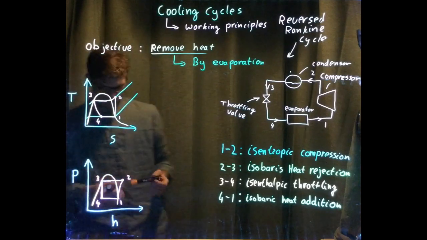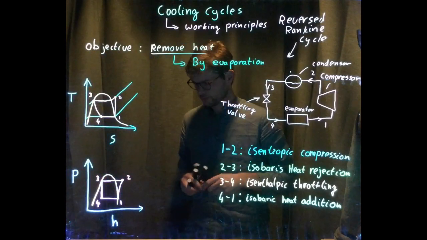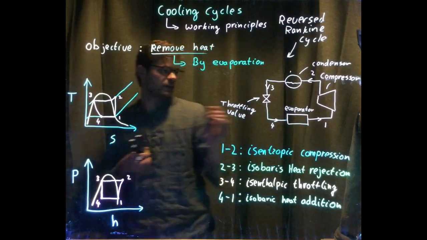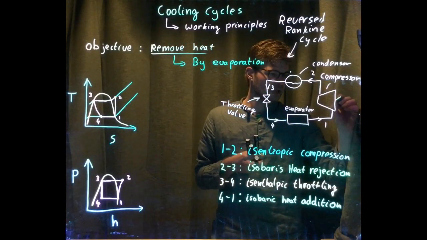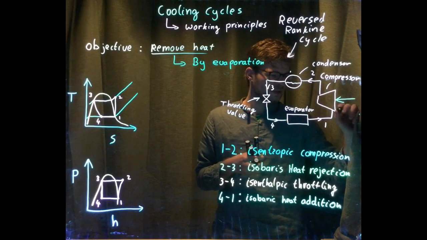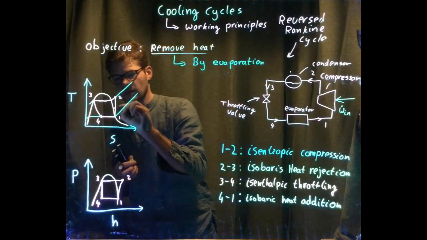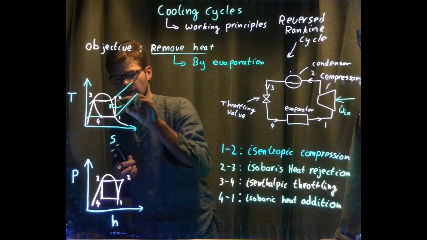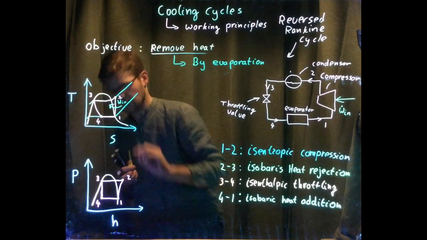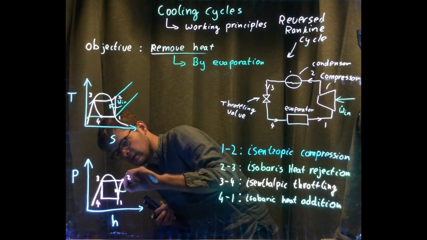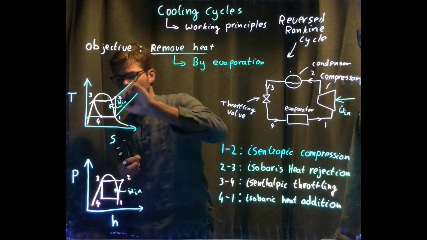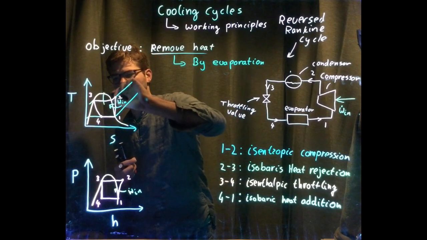Okay. So there are a couple of items I need to mention over here, because at the compressor, we have to add work in. So that happens here as well. Work in. And it happens over here as well. Work in. Here we're getting rid of all of our heat.